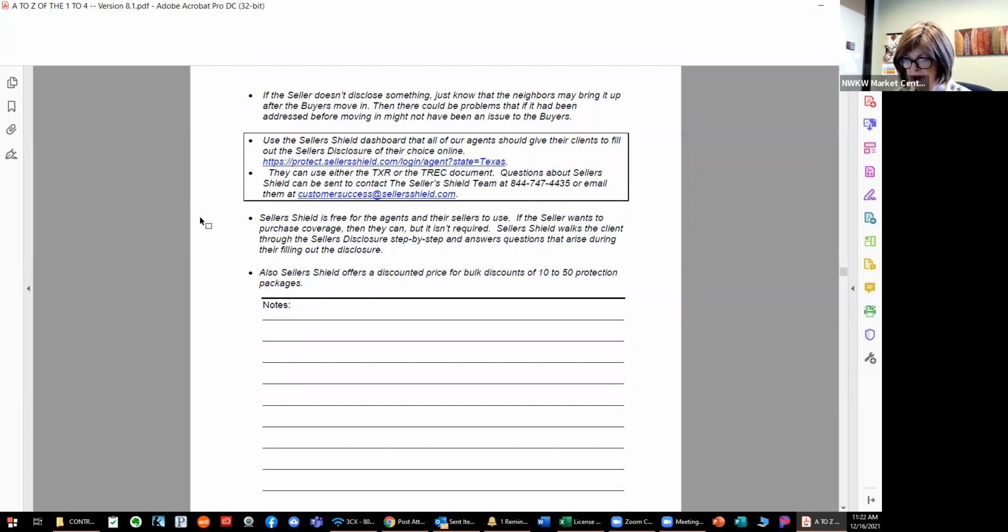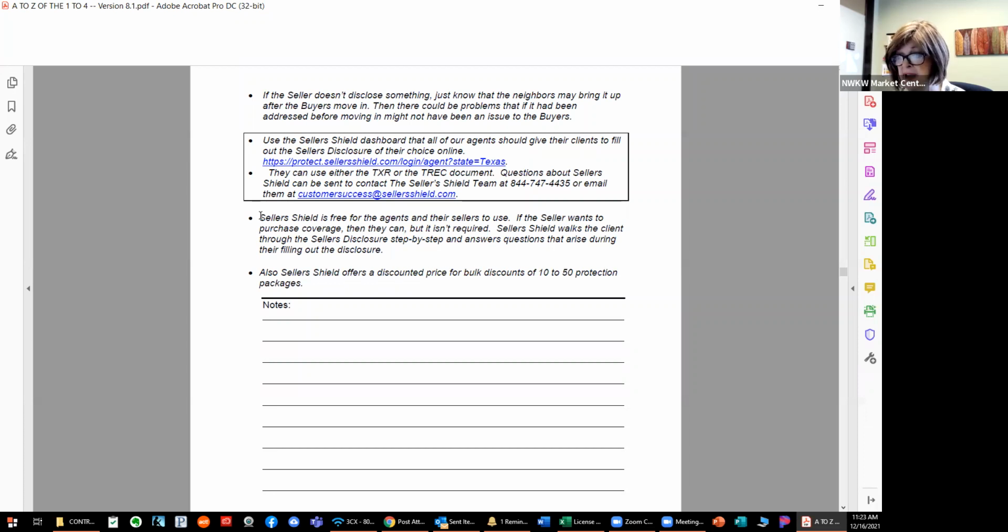And it offers them, for a fee, of course, protection if something comes up in the seller's disclosure in 1, 2, or 3 years, and depending on how many years, it ups the price, or they can say no, they don't want protection, and they can just fill out their seller's disclosure on there. It's not required to purchase it. It's not required for us to purchase it for them. It's just saying it's available if they want it.